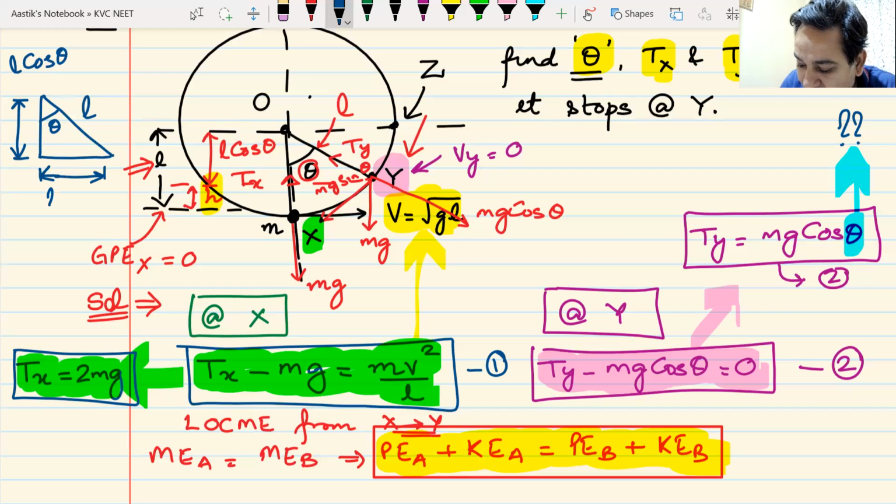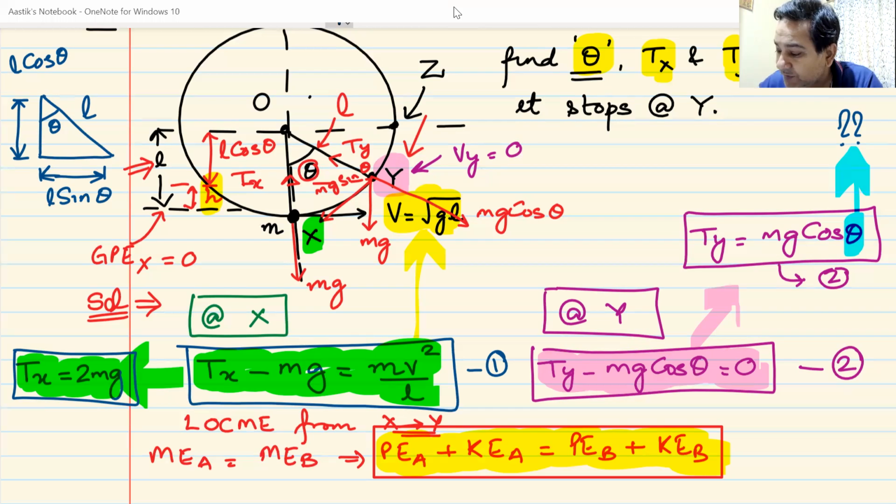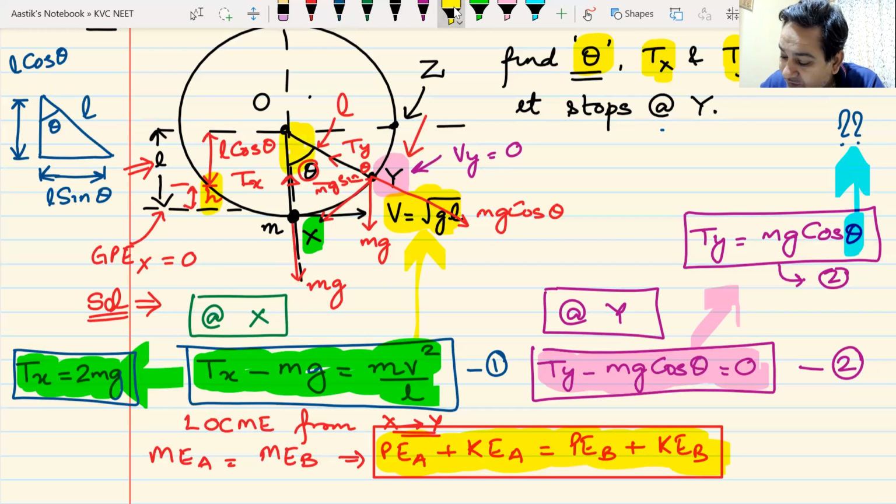Do we remember this? Yes or no? Please raise your hands and let me know. Yes, sir, we remember this. This is as simple as it gets. I have drawn the yellow diagram here.